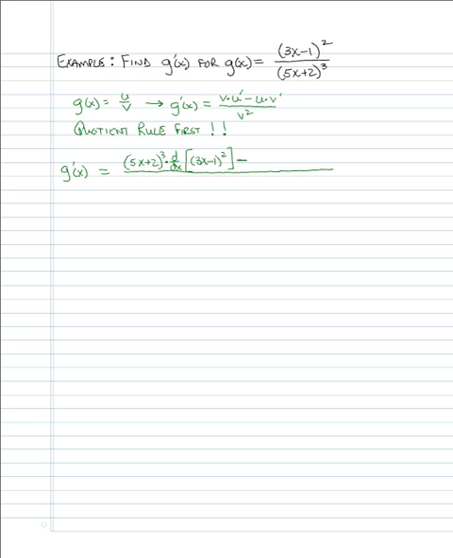And then we subtract. And in the subtraction, we take the numerator and multiply with the derivative of the denominator. Well, the numerator is 3x minus 1 squared, and we multiply that with the derivative of the denominator, okay? And the denominator is 5x plus 2 cubed.